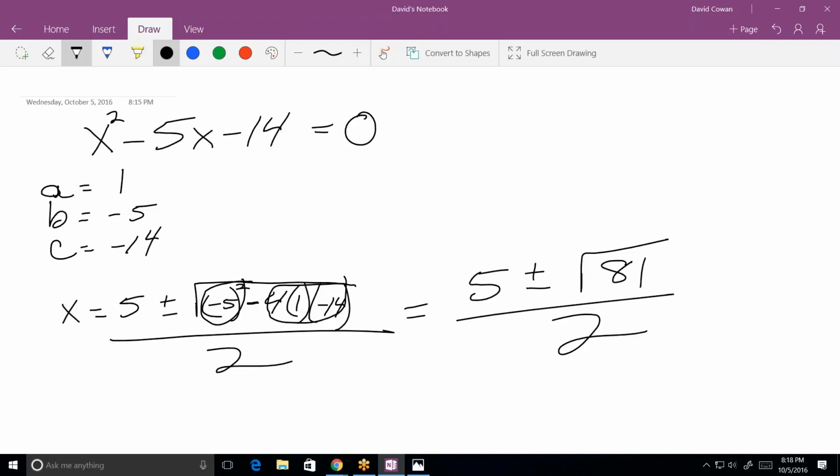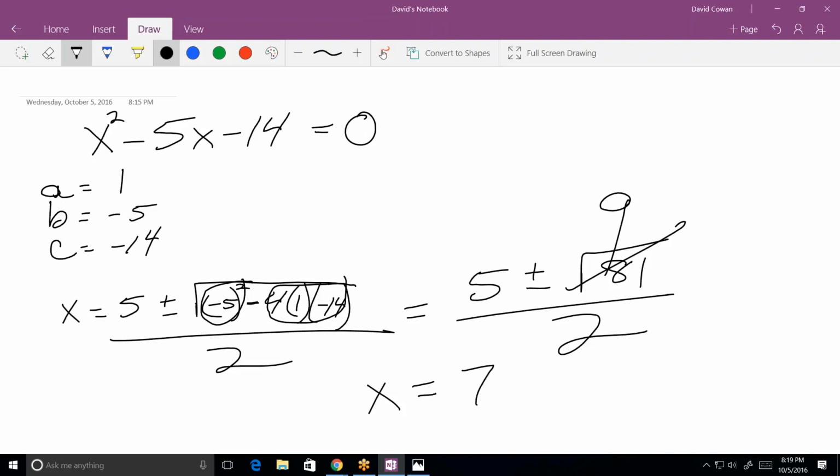So what are our two answers for x? What's the square root of 81? 9. So now what are our two answers for x? Are you getting 45? It's not 9 times 5, it's plus. 5 plus 9 is one answer, divided by 2, that's 7.